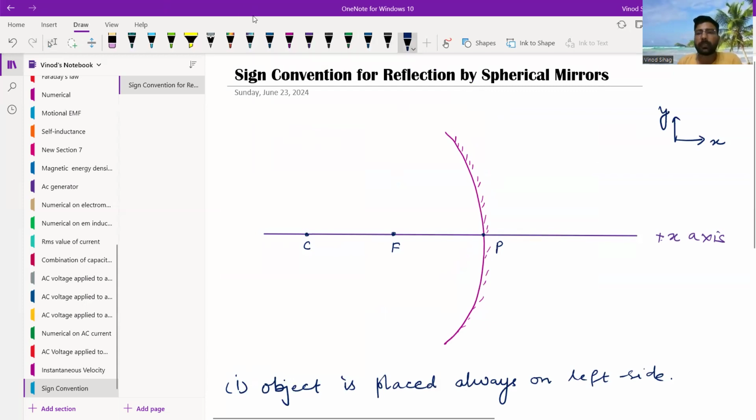No matter whatever the mirror is, the convex mirror or concave mirror, we will always place the object on the left side of the mirror. Let's say I'm placing an object here. Let's say this is the object. I'm marking it here.